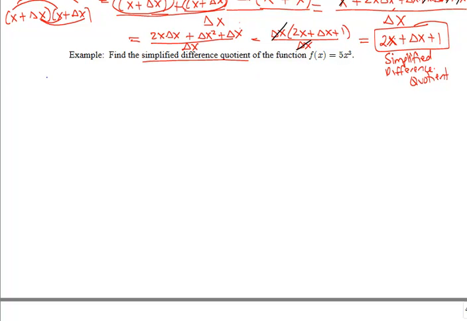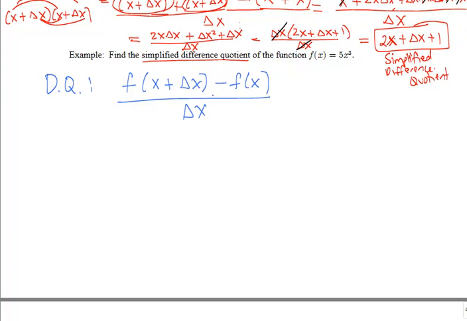So to find our simplified difference quotient, we start with our definition, our formula. The formula for a difference quotient is always f of x plus delta x minus f of x all over delta x. This time what's different is my function.